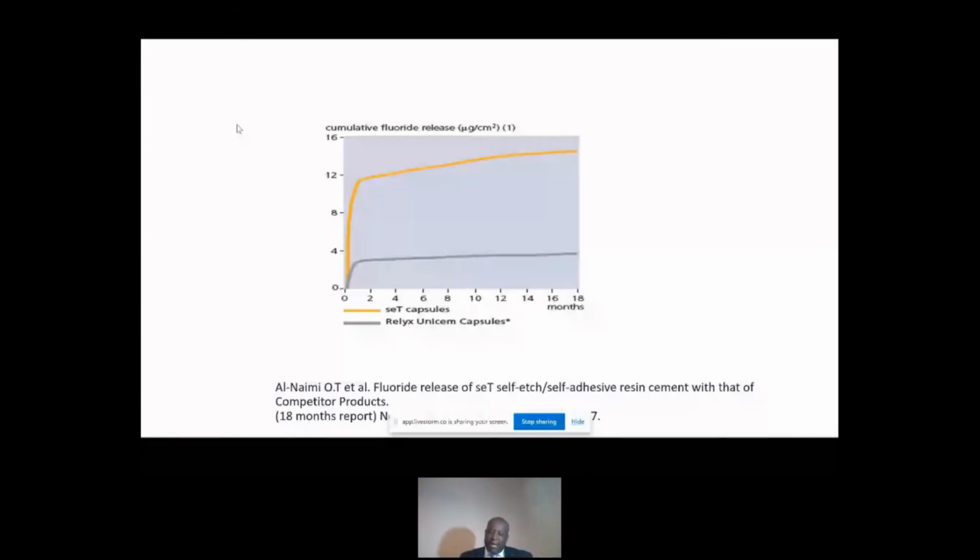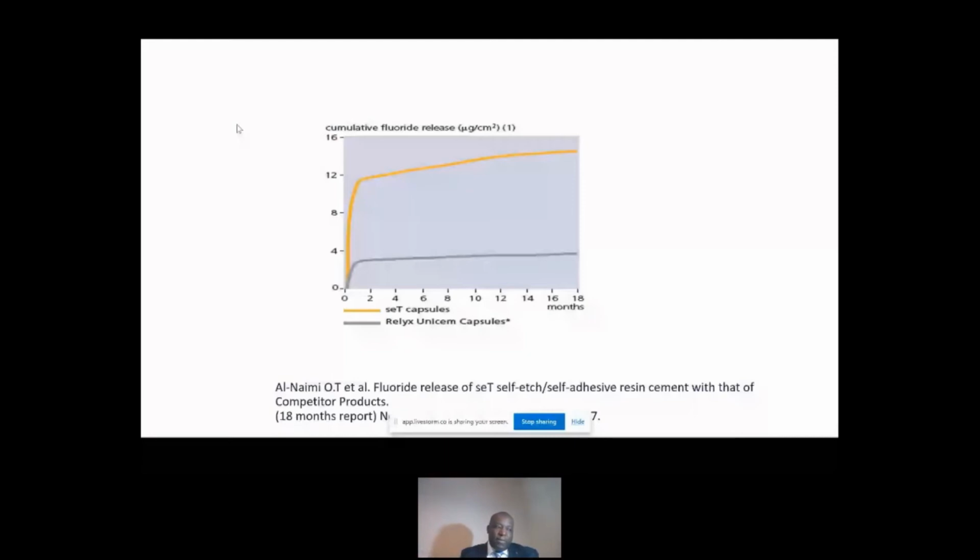We know that 3M is a brand leader in many things, and because it was the first product, it's probably relying on a loyal base. But as I said, my principal has never changed from Reliax, but he has not looked at the evidence. Normally with products, the first generation is always improved upon.